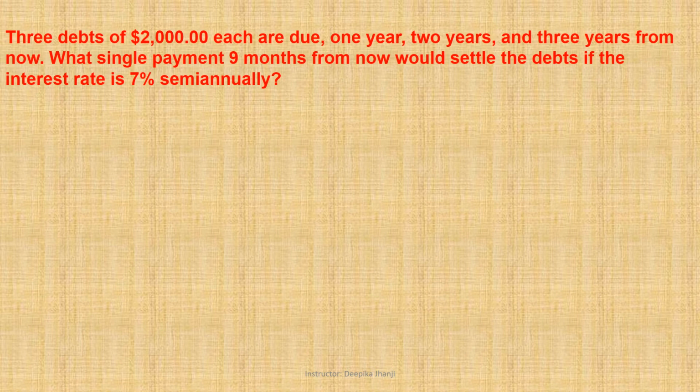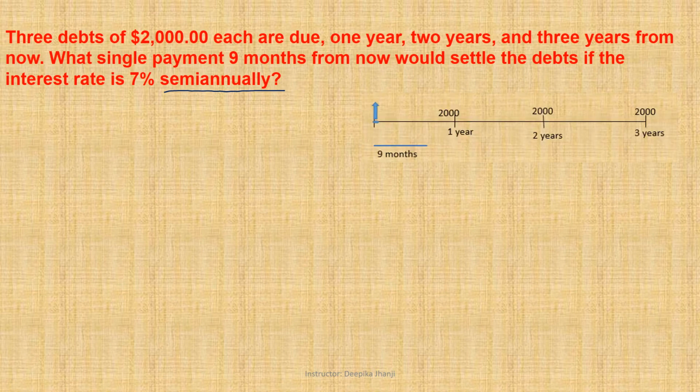Again, the golden word semi-annually tells us it is a question of compound interest, so we'll use compound interest formulas to calculate PV or FV. Let's draw the timeline. Starting from now, three debts are due 1 year, 2 years and 3 years later. We want to pay all these three debts 9 months from now.